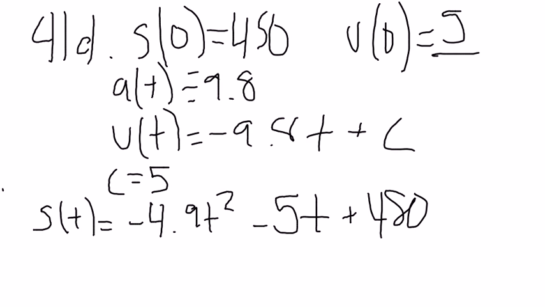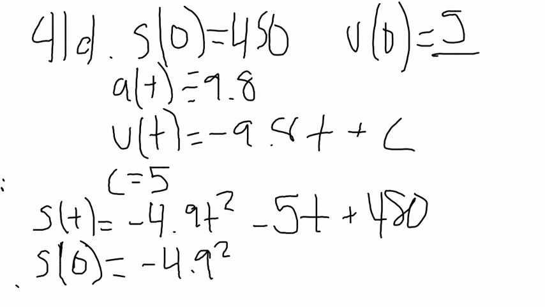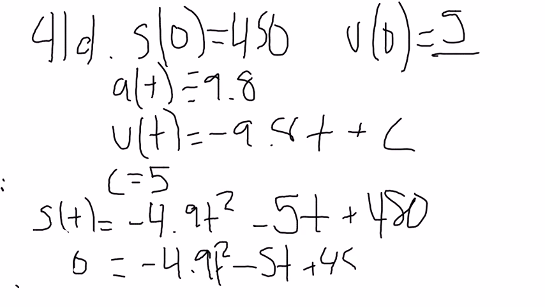So S of t is equal to 0, that is 0 is equal to negative 4.9 t squared minus 5t plus 450.